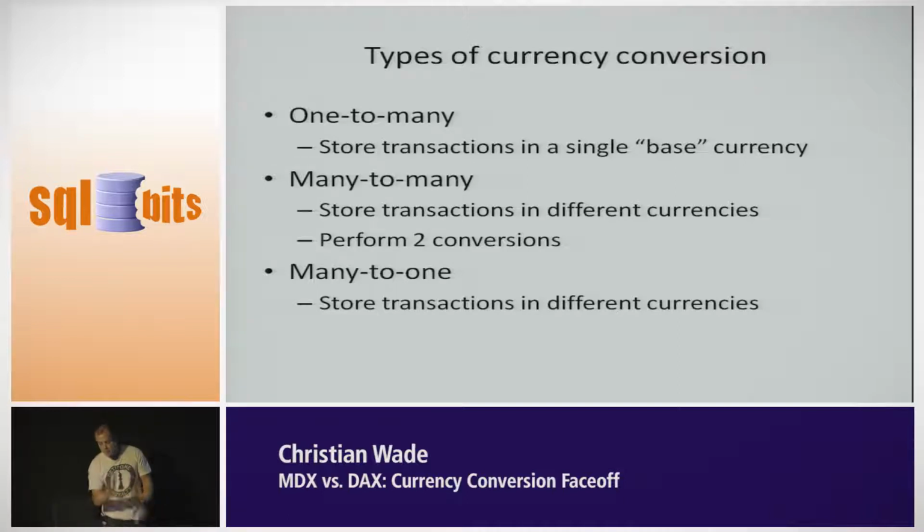Now, we store them in the base currency, even if they actually originally took place in different countries, in different currencies, and even if the system of record that we're pulling the data from actually stores those original values in different currency values. We then use the ETL to convert to the base currency, and then the cube or the tabular model converts to the reporting currency. So there are two passes of the conversion that typically need to happen. The first one's done in the ETL, the second one is done in the cube or the tabular model.